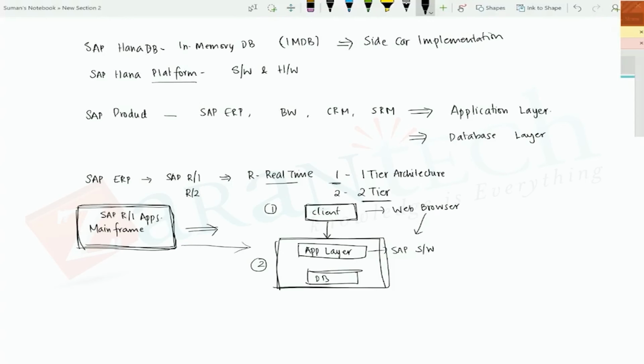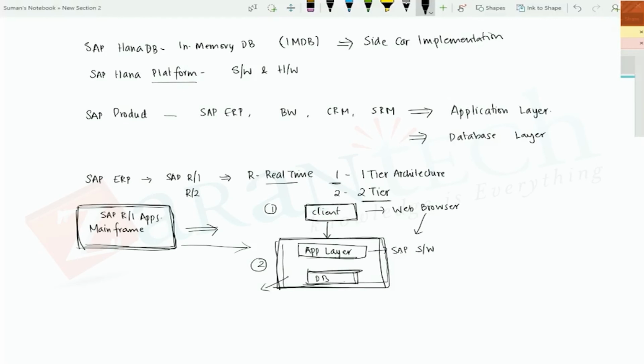But the significant disadvantage with this approach is that your application layer, that is your software, and your database are sitting within the same server. So if the server goes down, if the server gets shut down, both your application layer and your database layer are unavailable to you. That is a bigger issue for an organization.